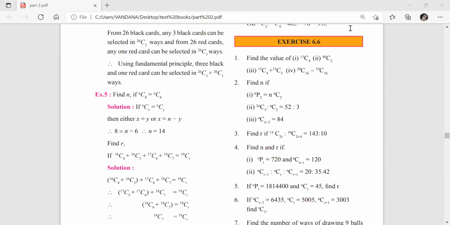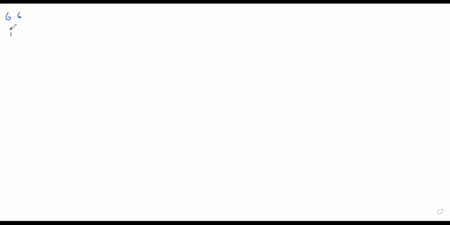इन्हें न्यूमेरिकल्स कहते हैं, ये फाउंडेशन में बहुत ज्यादा आता है इस तरह के सम्स। Find the value of 15C4.